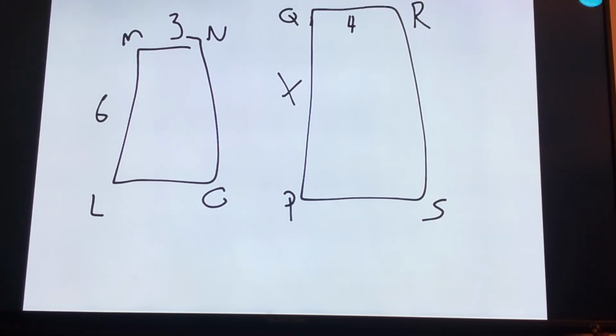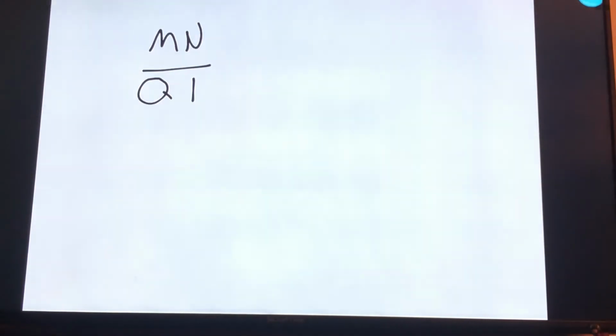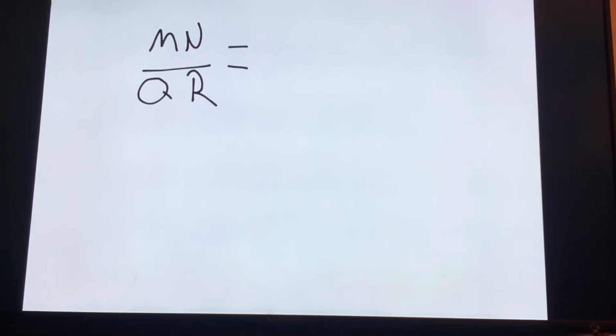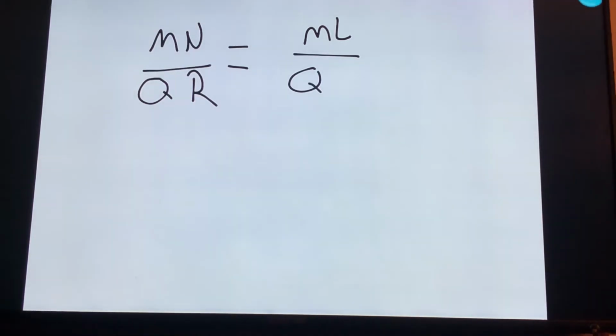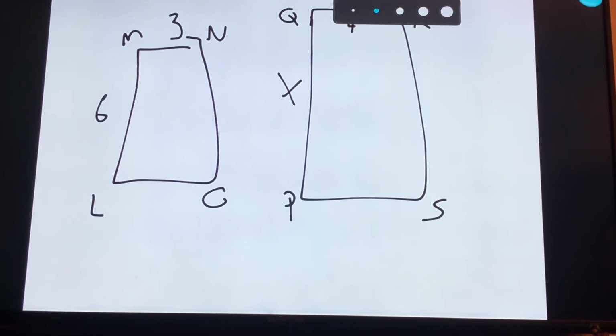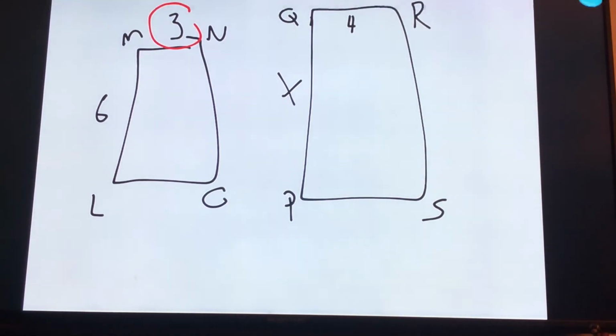So MN over QR equals ML over QP. Now I need to go back and find numbers for replacement. It looks like for MN we got 3 and 4.